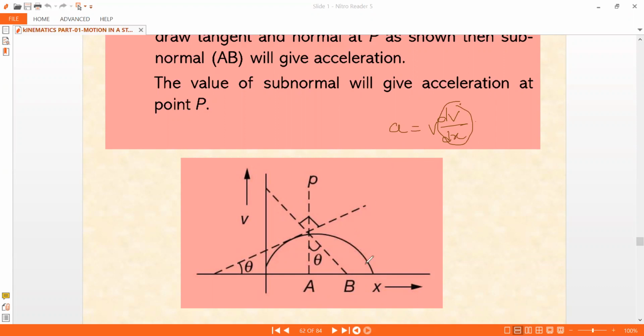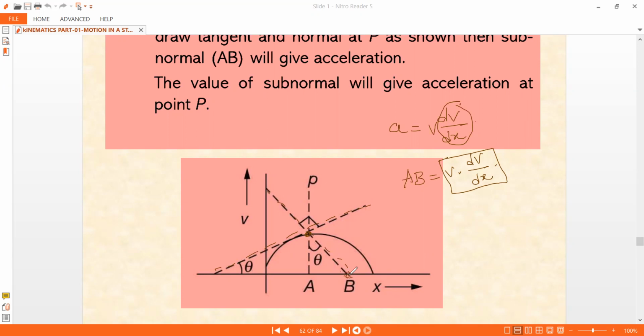This is how you get the subnormal. So why does this AB happen to be V into dV by dx? This is the crux here. That is what is called the subnormal. Suppose you have a curve like this. At the point P, you draw a tangent, and then a normal to the tangent like this.